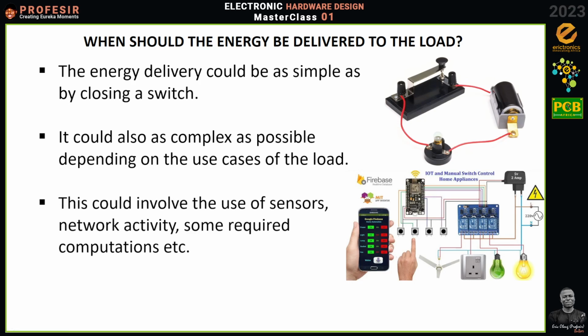We'll be building something similar. Okay, so it could be very complex, depending on the intended purpose of the circuit. Yeah, it could be that when I press a button on my phone, then the system turns on, or when the sun's intensity goes below a certain limit, my outside lights should turn on, and all that.